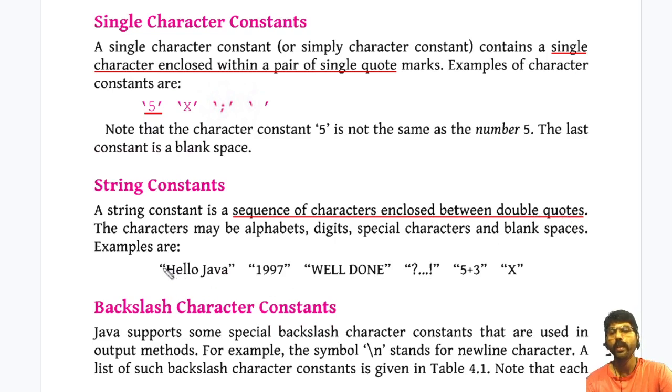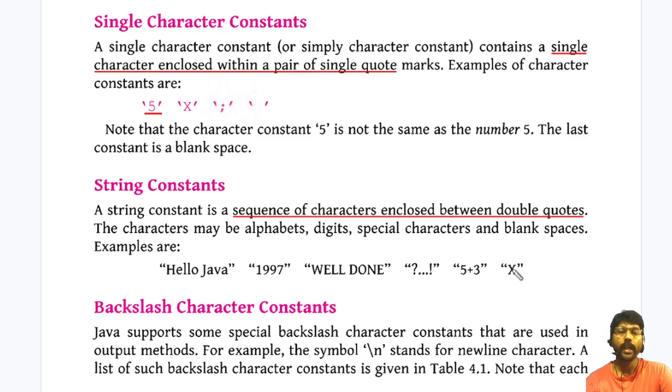Now we put double quotes on both sides, then this hello Java becomes a string constant. Similarly, digits surrounded by double quotes are also called a string constant. Similarly, if you have a single character surrounded by double quotes, it is also a string constant, not a character constant.